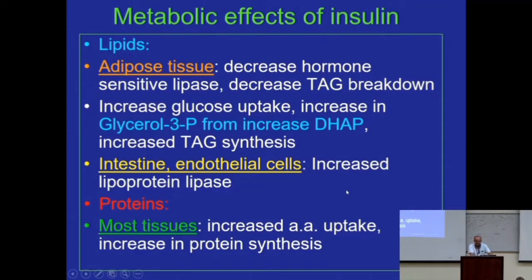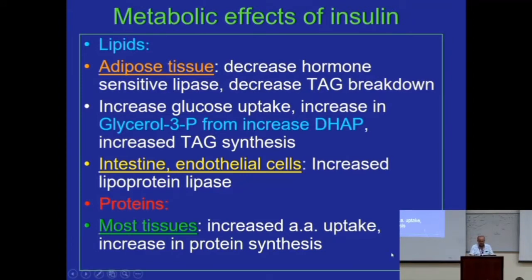In most tissues, as I mentioned, here we have TAG: increased synthesis of TAG, decreased lipolysis. The other class of molecules, proteins: you're going to basically increase protein synthesis in most tissues because there are plenty of amino acids in the bloodstream after a meal, and all the tissues will try to pick them up to replace what was turned over in a prior cycle.